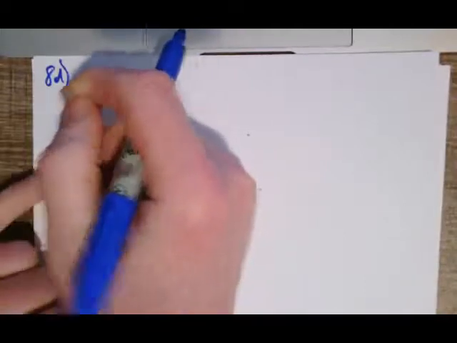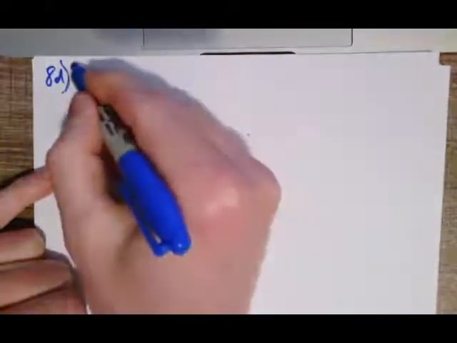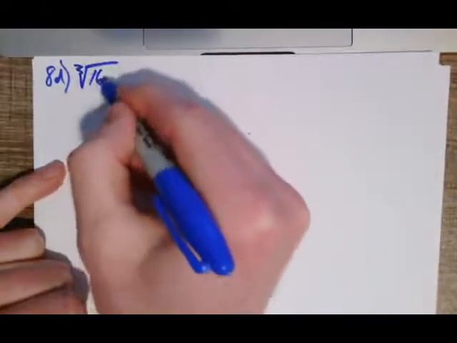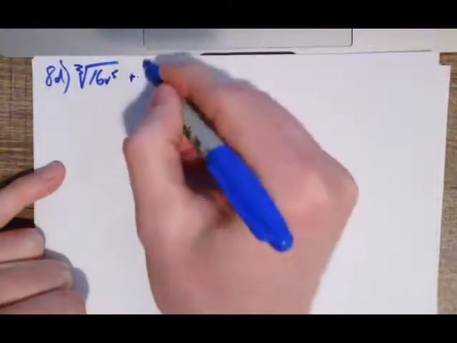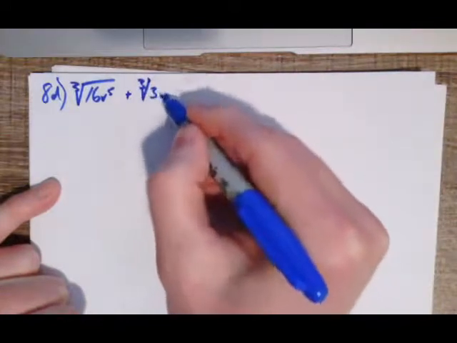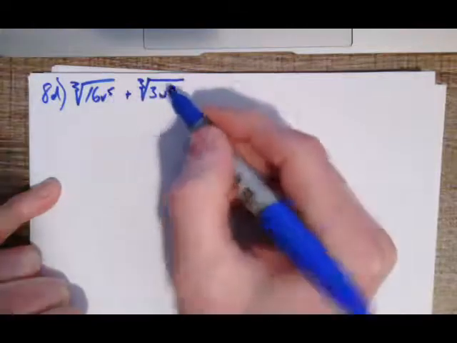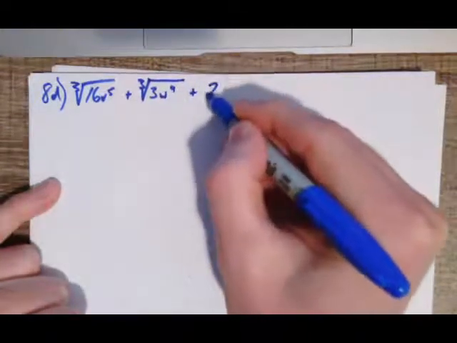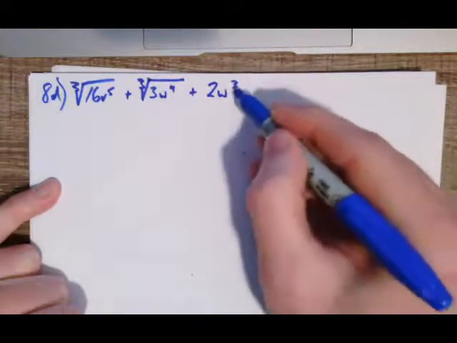Good grief, Charlie Brown. Cube root of 16v to the 5, plus cube root of 3w to the 4. So it's a v, that's a w, yep. Plus 2w cube root 24w.